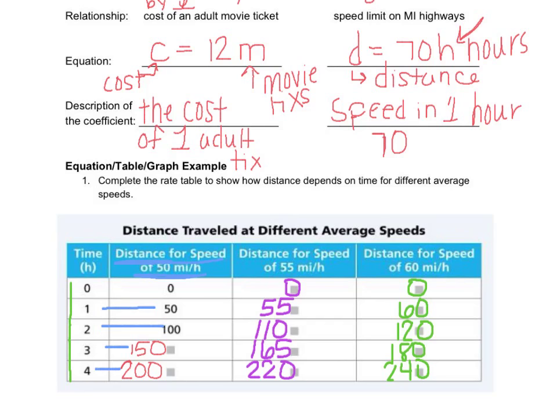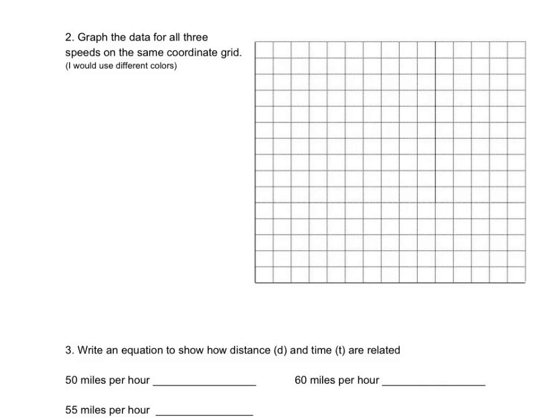Now, the second and the third column change because your speeds change to 55 and to 60. So make sure that you have those numbers correct on your notes. Now what we need to do is take those 3 different sets of data and make a list of ordered pairs or coordinates and put all 3 of them on this coordinate grid to the right. And you can see that I recommend different colors.